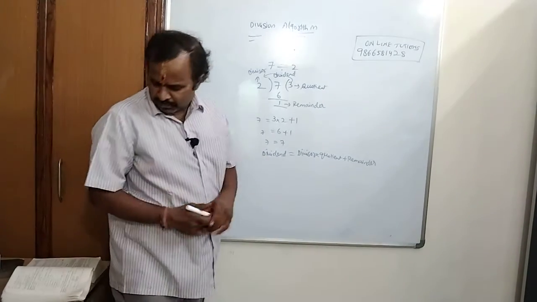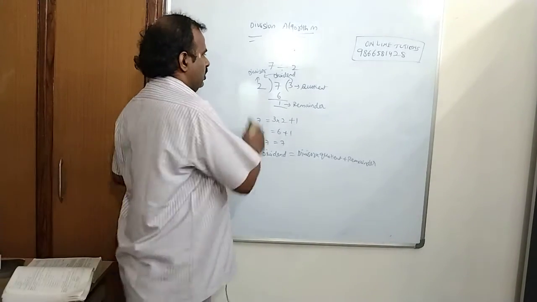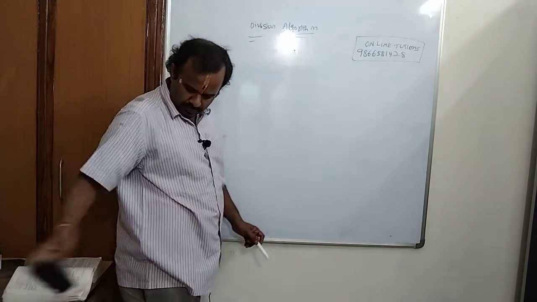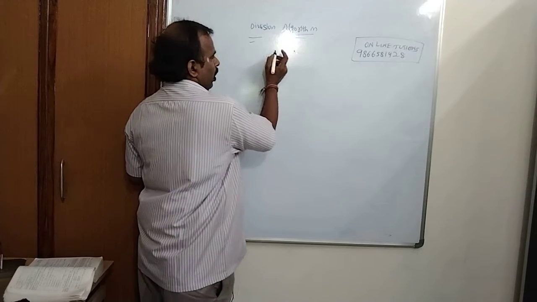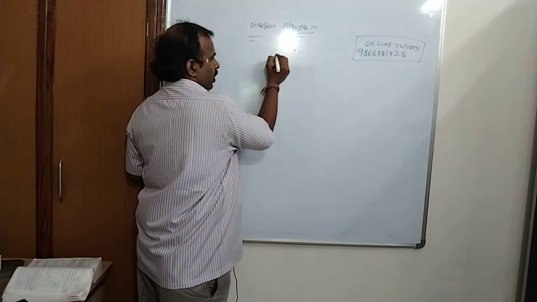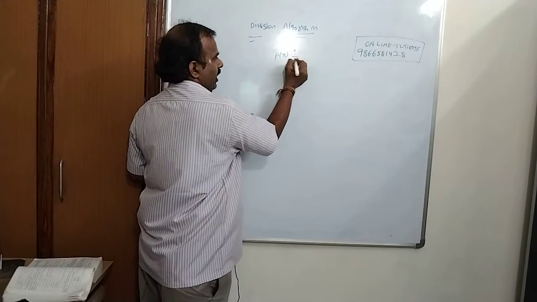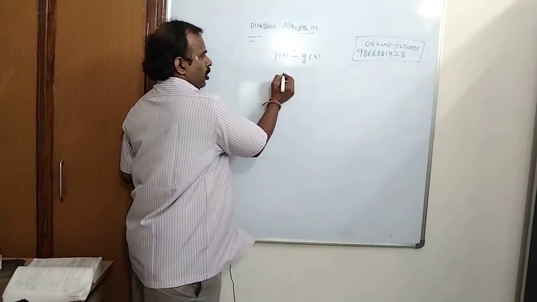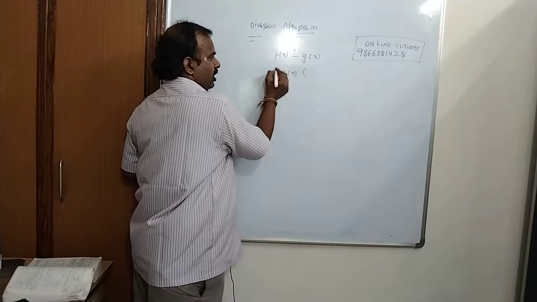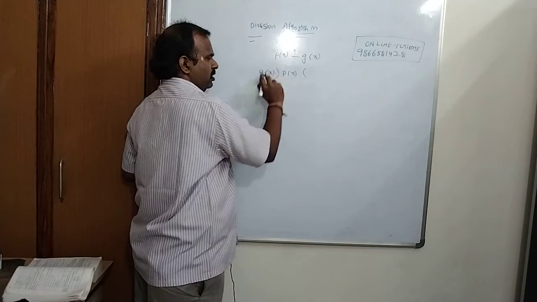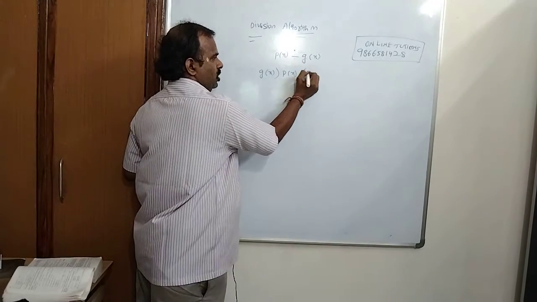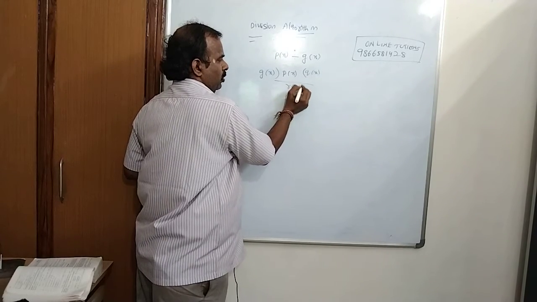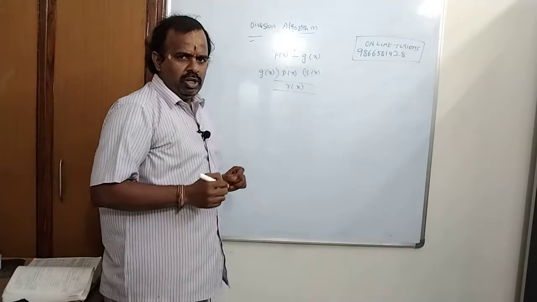Now coming to polynomials, how to do it? If you take a polynomial p of x, and it is divided by another polynomial g of x, we don't know what the quotient is, so in general we take it as q of x, and finally whatever we are getting is r of x.